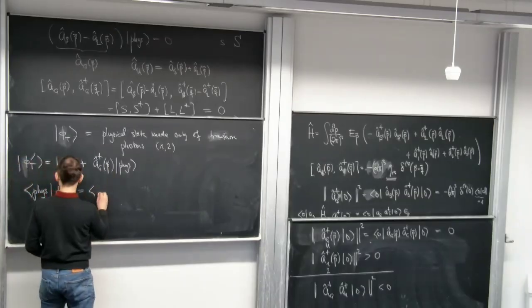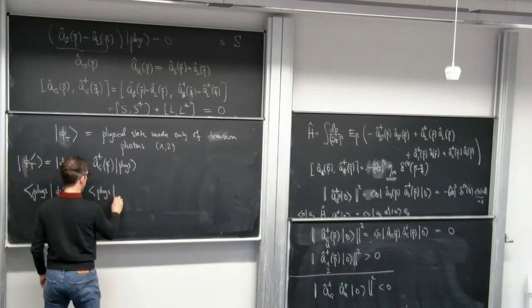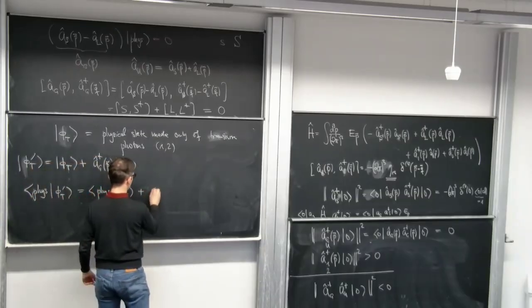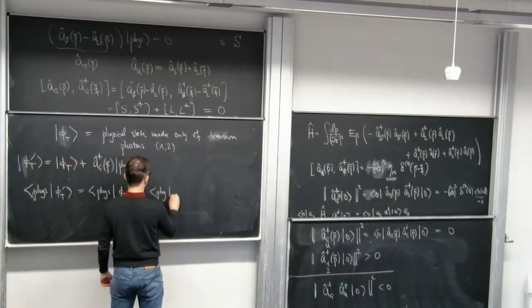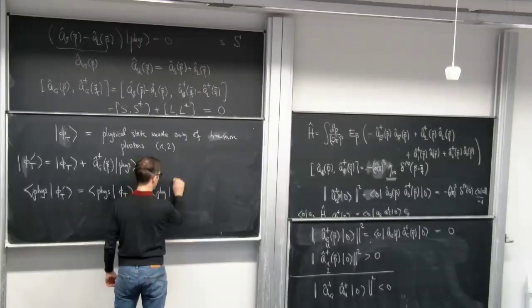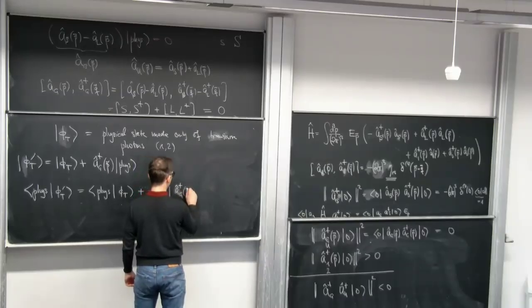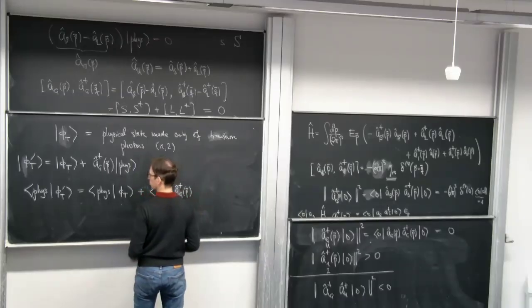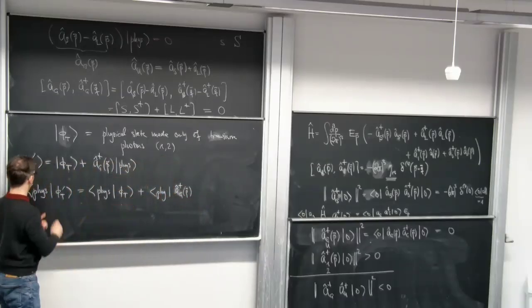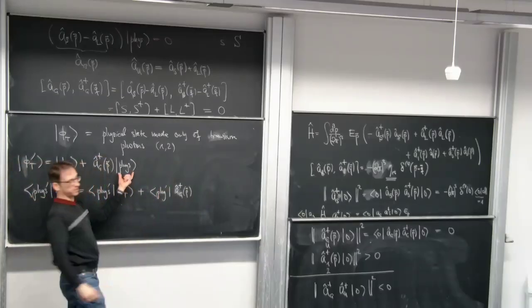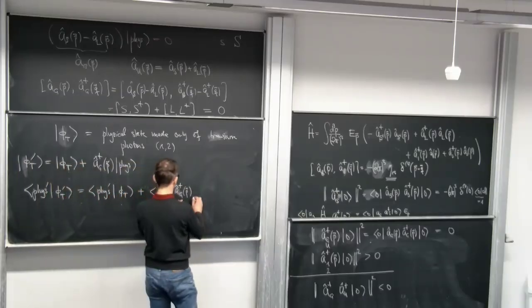This is, of course, by definition, physical state times the phi T plus the physical state, AG dagger of p, with that. So sorry, this is not the same. This is a physical state, because now here comes another physical state, so there's a different one. There we go.